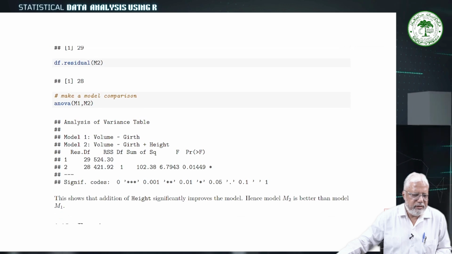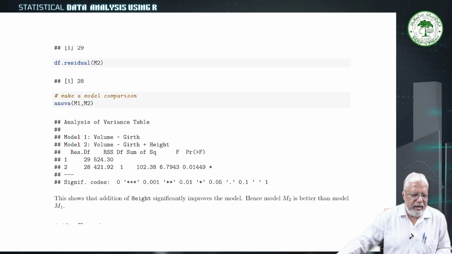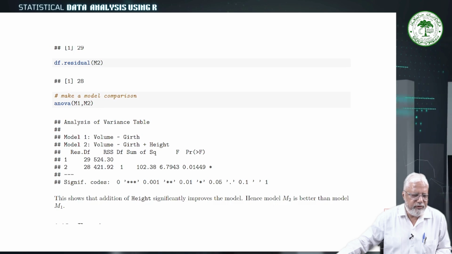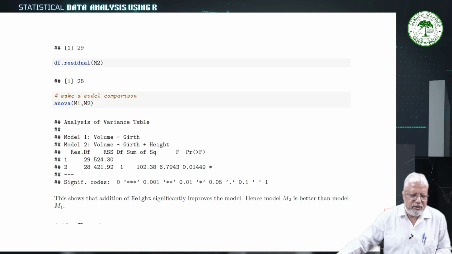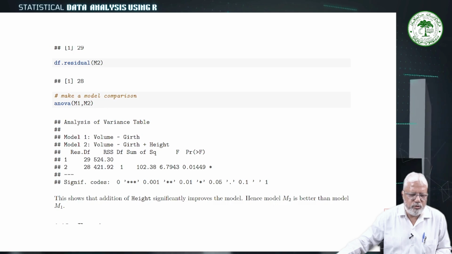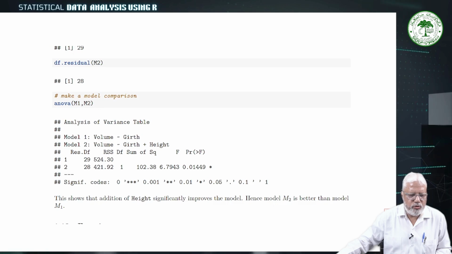This is the residual degrees of freedom of model M1, that is 29, and residual sum of squares 524, and for model M2 the residual degrees of freedom is 28 and the residual sum of squares is 421.